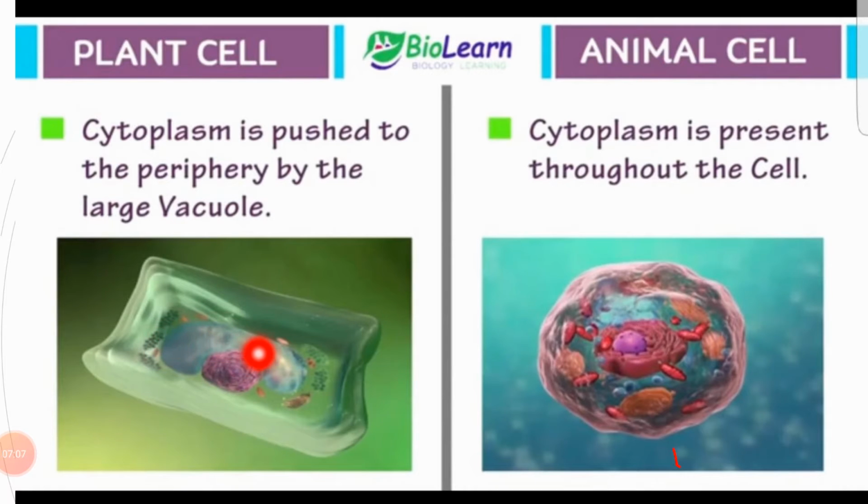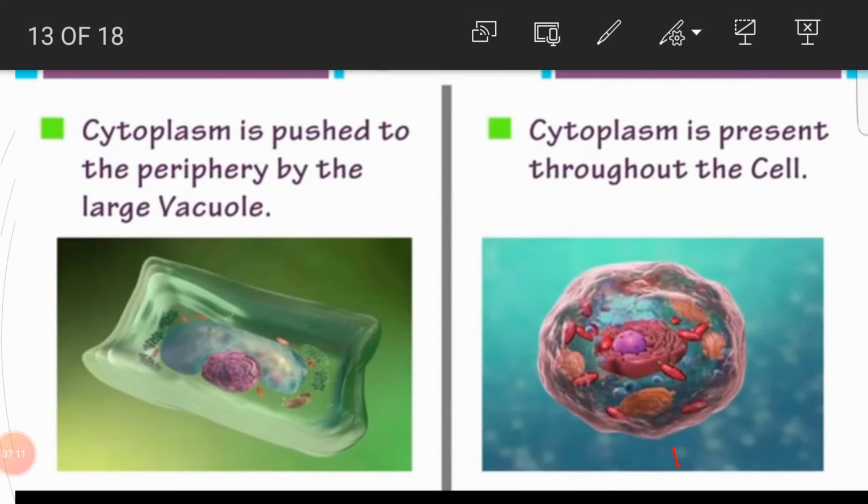The area from the vacuole to the outermost layer, all this area between the vacuole and the outermost layer, is called the cytoplasm.